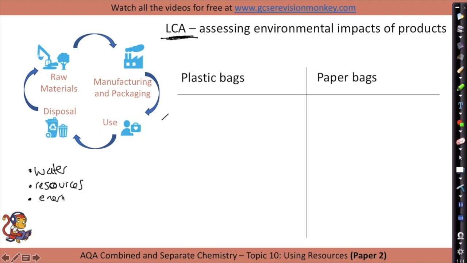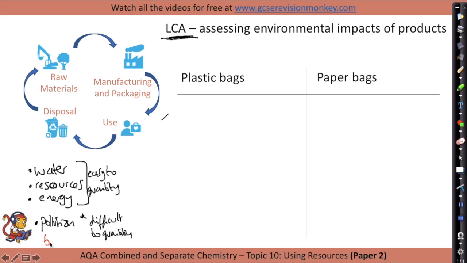You might look at the energy needed to produce or transport a product. Those are quite easy to quantify, that means put a number to. The other one that's a little bit more difficult is how much pollution is released. That's difficult to quantify, and people worry that results can be a little bit biased when they're reported, because it's very difficult to put numbers to how much pollution is released during the life cycle of a product.